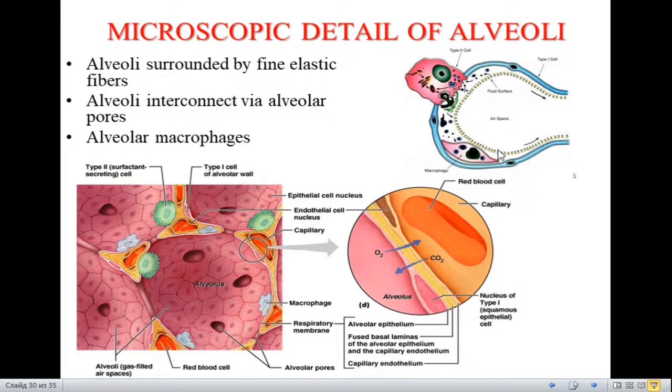This biologically active substance consists of lipids and some chemical elements, and prevents the collapsing of the alveoli.